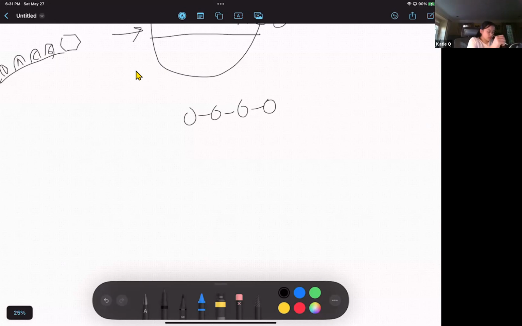The next one is missense. This happens when it codes for another amino acid. So let's say I had TAT again. Then I somehow got TTT. This went from tyrosine to PHE, I'm not exactly sure what it's called.